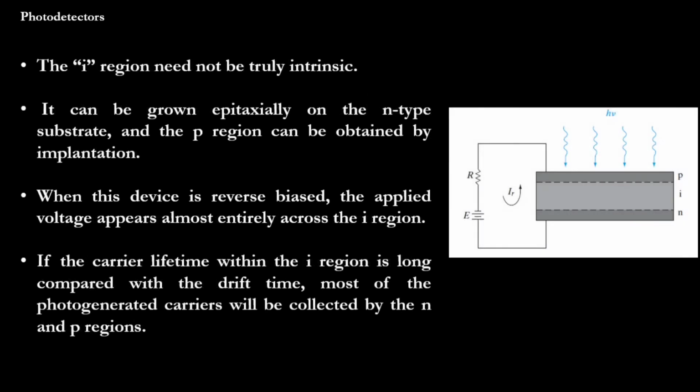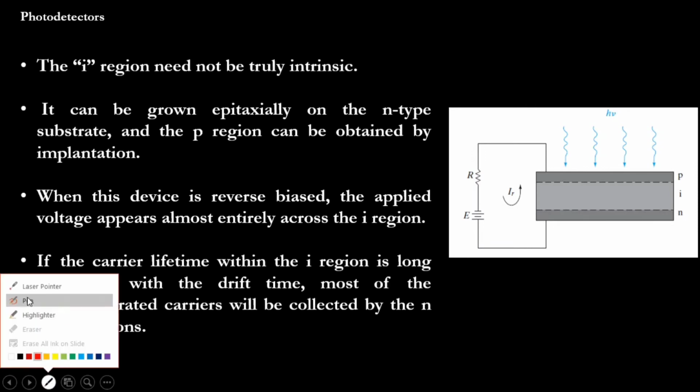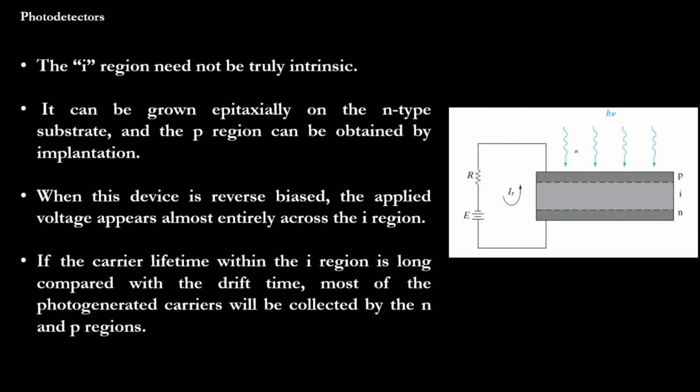You see the construction of the PIN diode here. Initially we have a P substrate and the intrinsic region is sandwiched between P-type material and N-type material, right? That intrinsic region need not be truly intrinsic.